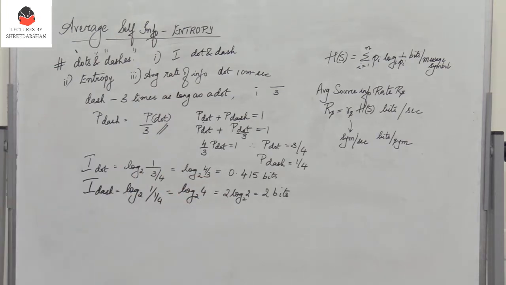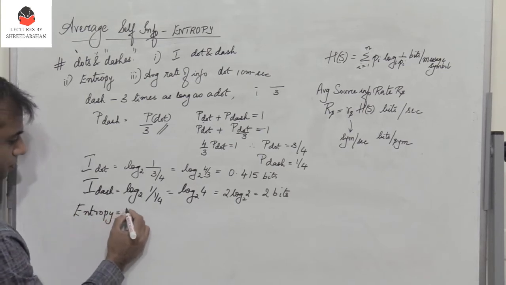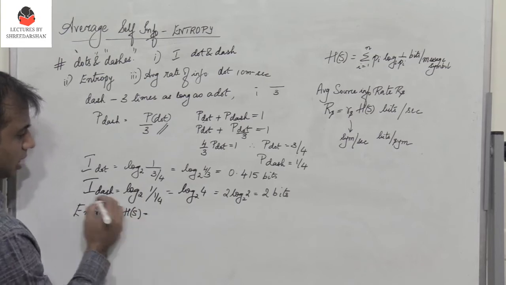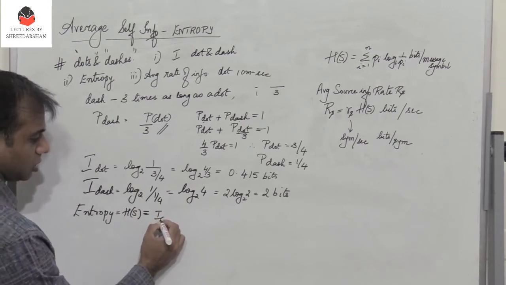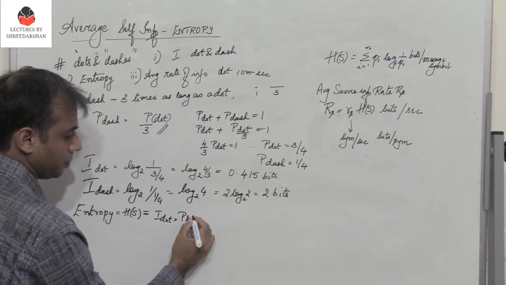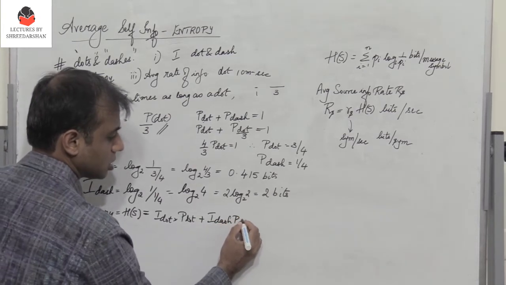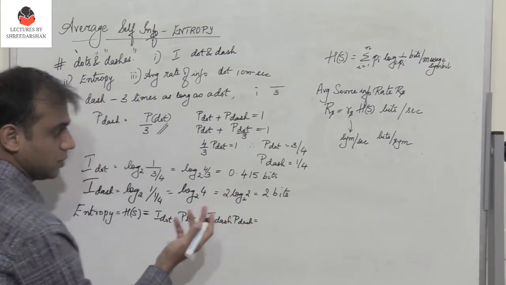Now how do you find the entropy? The entropy, which is H of S, is the self-information I dot into the probability of occurrence of dot, P dot, plus I dash into P dash, isn't it? It's very simple.